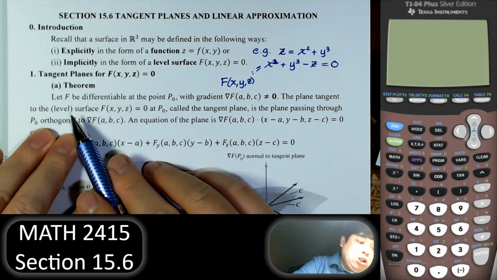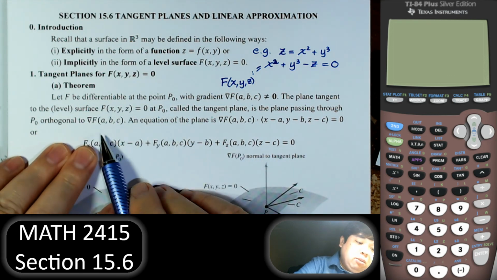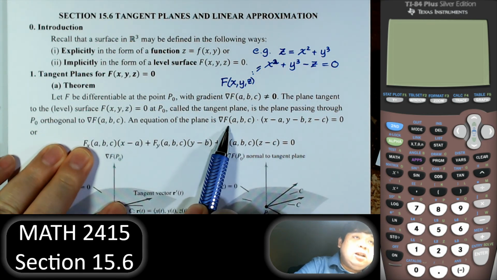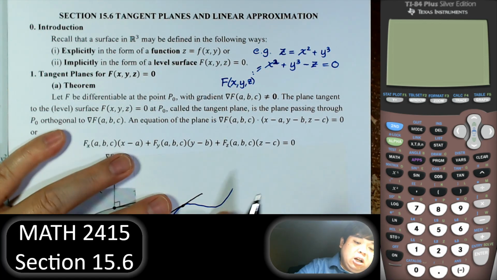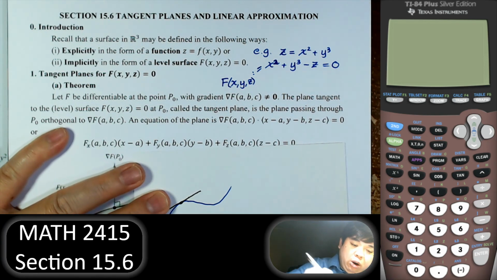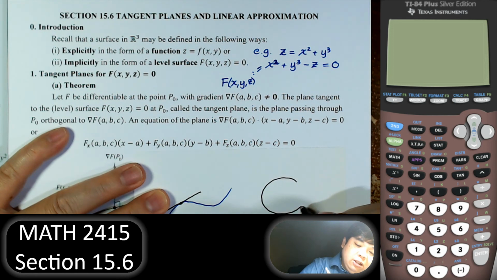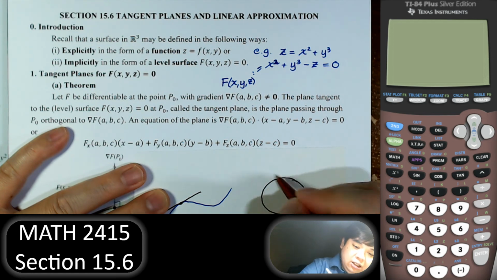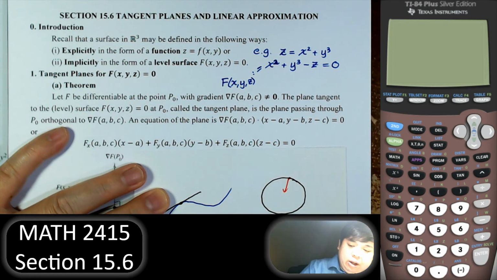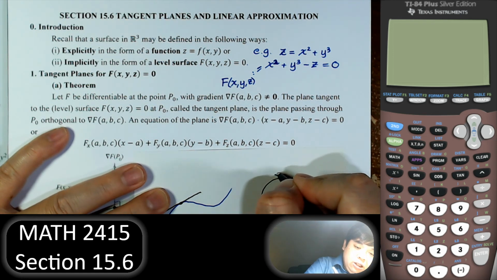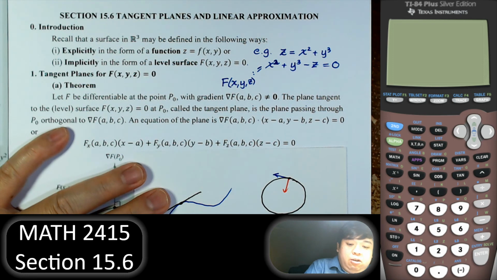And the plane tangent to the level surface is given by this, because as I mentioned earlier, in the previous section, when we have a level curve, when we calculate the gradient, the gradient is orthogonal to the tangent vector to the level surface.